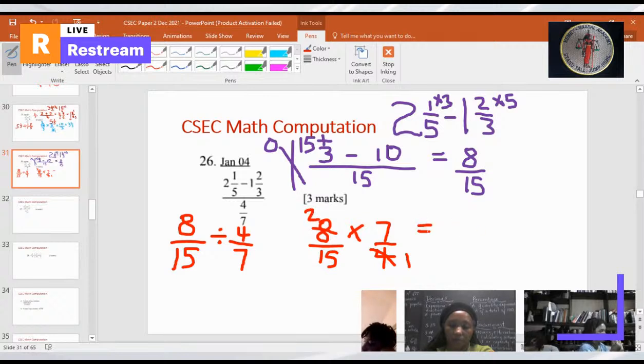Next, Miss, you don't have anything left. So I just walk away and leave it like that? No, Miss, you would have to say 2 times 7, and that's 14.